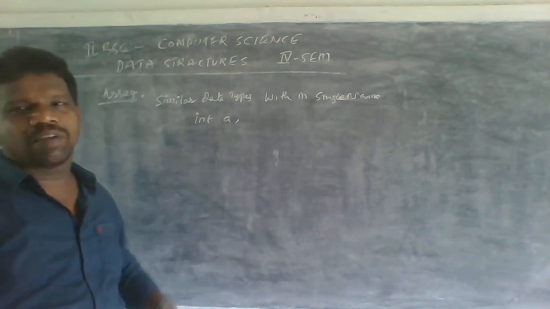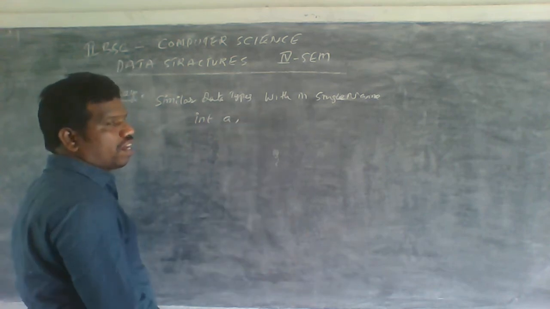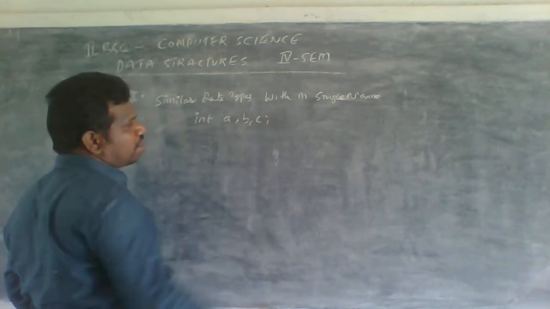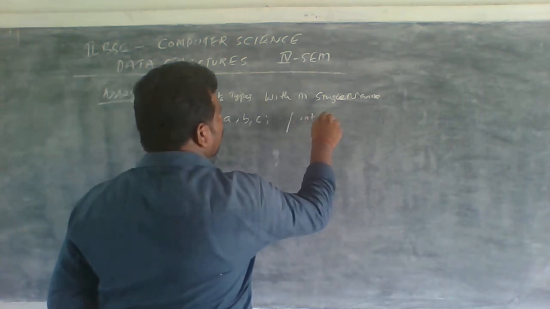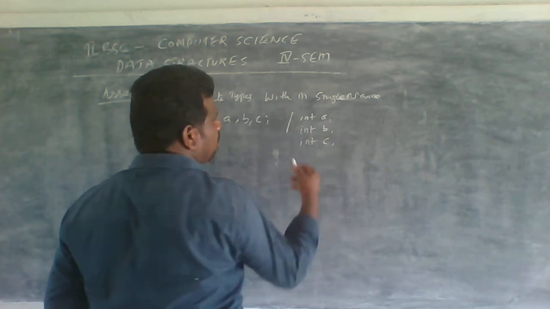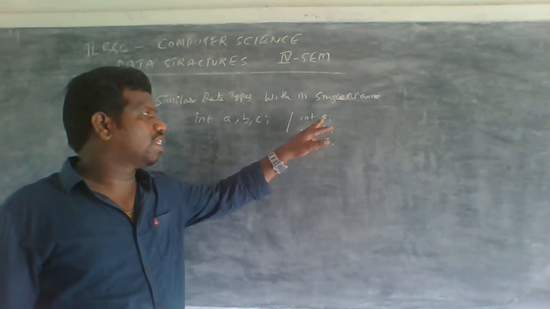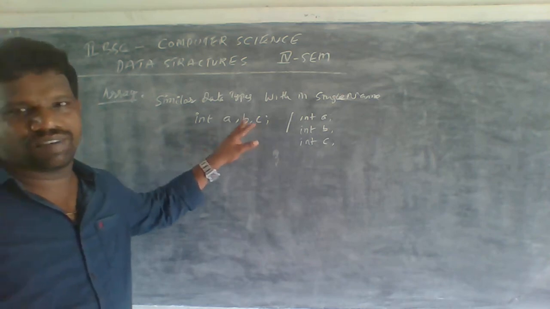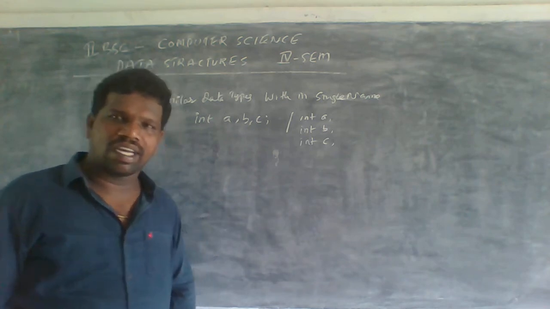If you want to store multiple values, for example three integer values, you can use a, b, c. It can also be written as int a; int b; int c;. These three variables belong to the same data type, so you can reduce it like this: a, b, c, three variables storing only integer values.